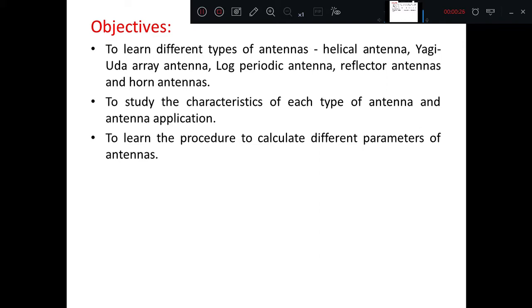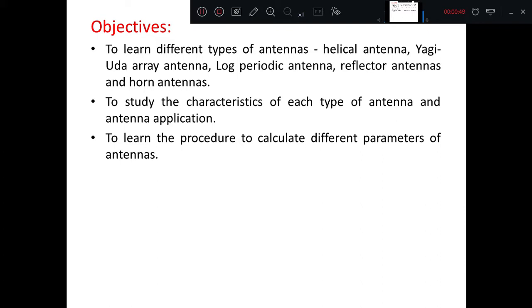The objectives are as follows: to learn different types of antennas such as helical antennas, Yagi-Uda array antenna, log periodic antenna, reflector antennas, and horn antennas. So these are the different types of antennas we are going to study in this particular module.